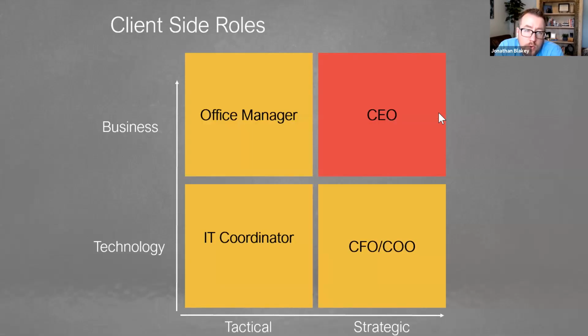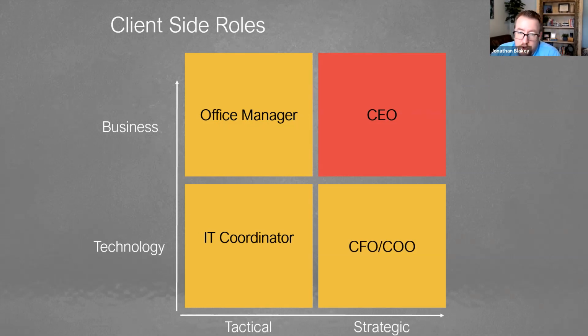So when we talk about personnel in that group, there's a number of different roles that typically end up in these meetings, and they skew, as shown in this matrix, from left to right, the tactical to the strategic, and from the bottom to the top, going from technology up to the holistic, the business as a whole.